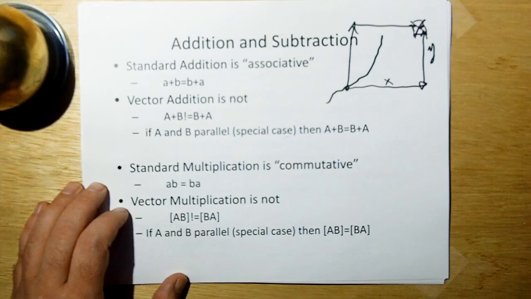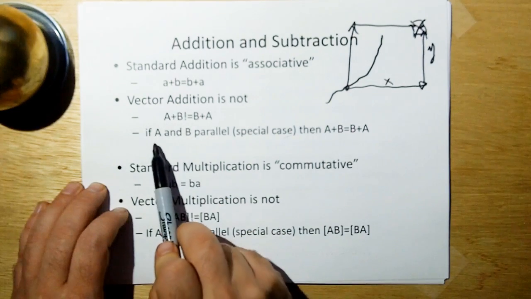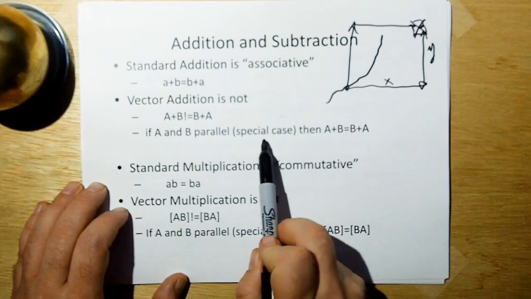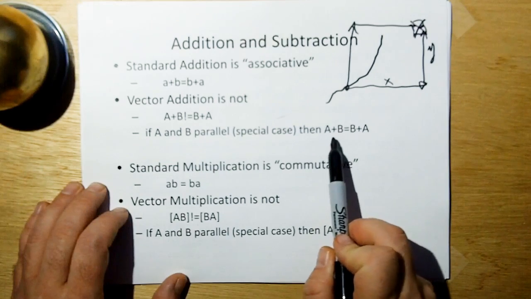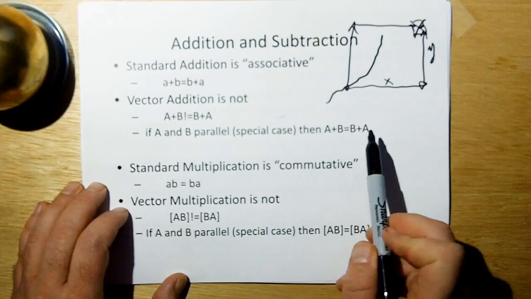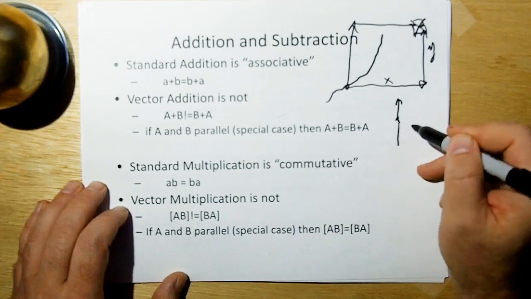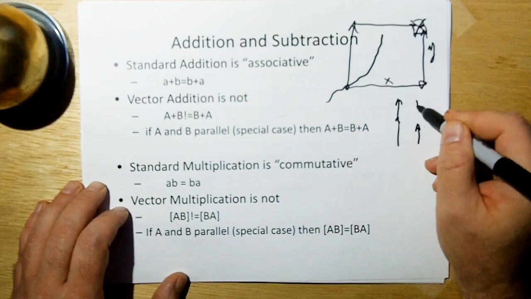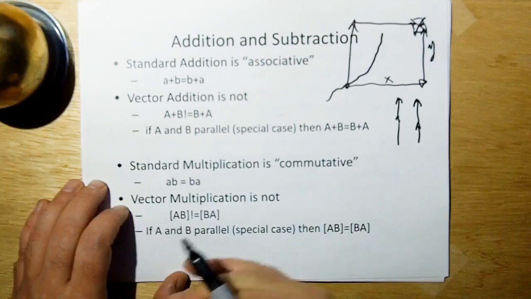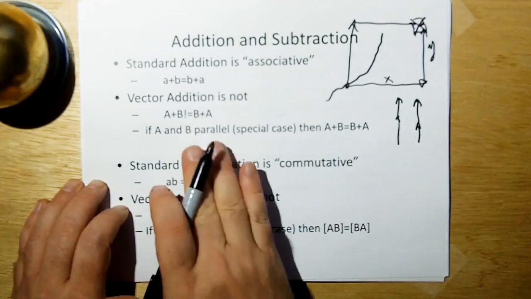There's a special case, though, where if A and B are parallel, then A times B equals B times A. Oh, and then over here for vector addition, if A and B are parallel, that's also the special case that allows A plus B to equal B plus A. You get the same answer. If they're in parallel, you're going to get to the same endpoints, the same path, regardless of which order you add them. And therefore, your path and your outcome is the same if they're parallel.